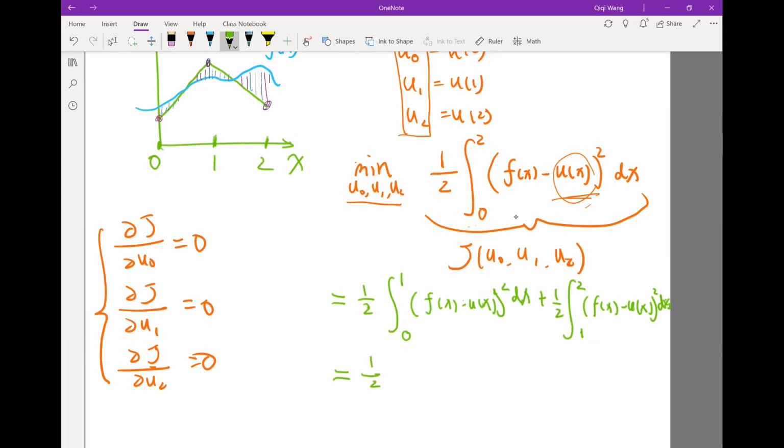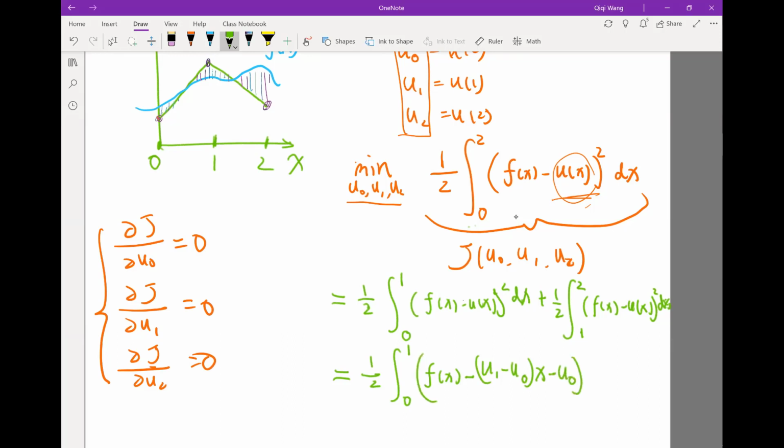So that can be represented in terms of x. Okay, in the first element, we know that the function is what? It is (u1 minus u0) times x plus u0, right?